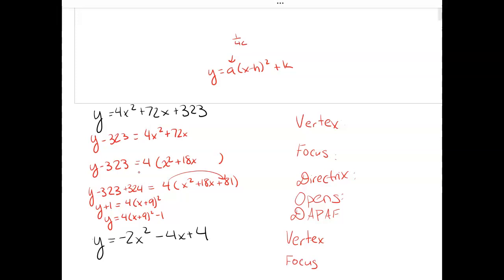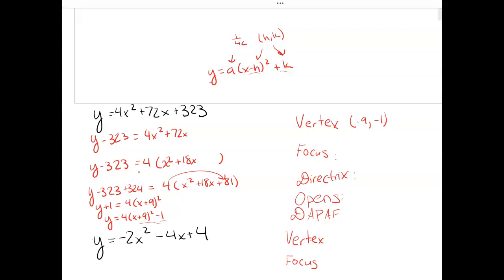So my vertex is always h comma k, and my signs change, which means I plug in negative numbers for my h and my k from my formula down to my actual numbers. So I've got negative 9 comma negative 1. Because my x coordinate, as long as it's on the inside of the parentheses, is always with my x. And my y coordinate, as long as my y is on the equal to side, should be sitting right outside those parentheses.